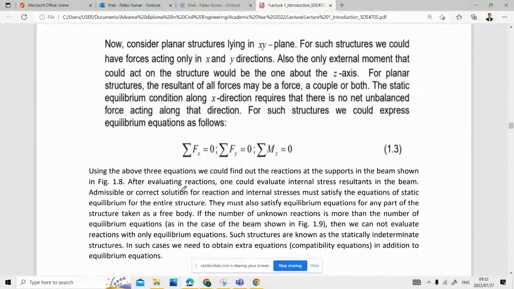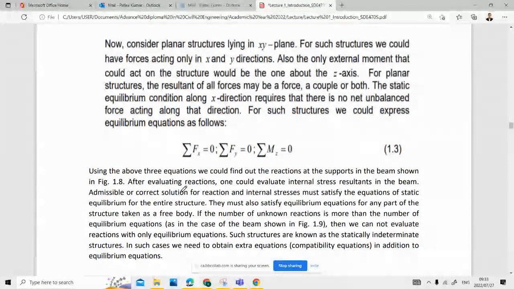If you want to make anything in equilibrium, you need to balance the resultant. The resultant must be equal to 0. So the effect of the force should be 0. That is what we do in all our structures, right?